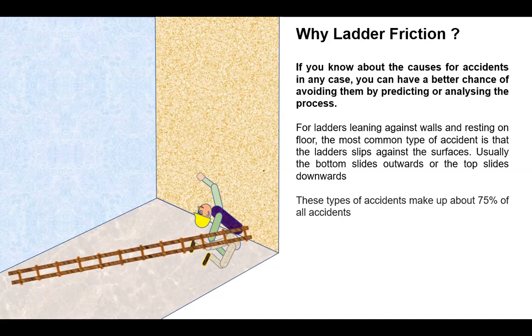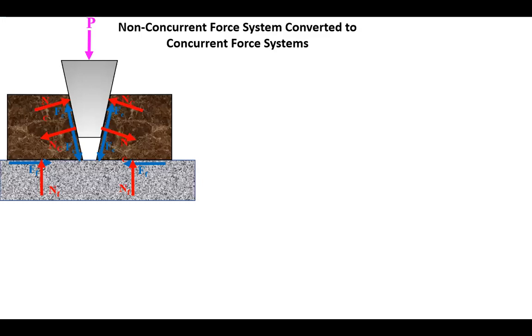In the previous sessions, we have solved problems on these kinds of systems, where because of the application of forces, a number of reactions will be developed. If you consider all the forces together, they will constitute a non-concurrent force system, because they are not meeting at a point.